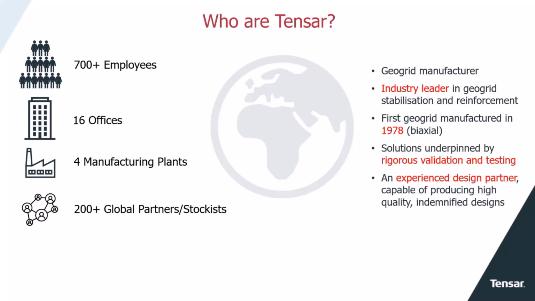That means that we have been on the market a long time, and therefore I think we're the industry leader, especially on stabilization and reinforcement. The topic of today, T-value, is a good example of showing what Tensar can do all over the world by also introducing design methods and possibilities to design itself.